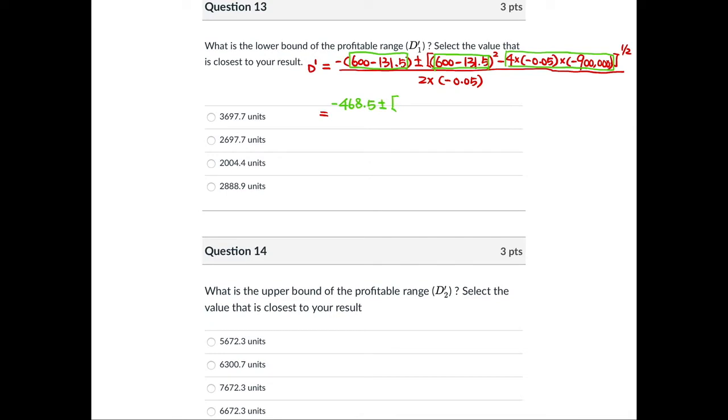Plus minus bracket 468.5 to the power of 2, minus 4 times negative 0.05 times negative 900,000. That's going to be 180,000. And then over negative 0.1.